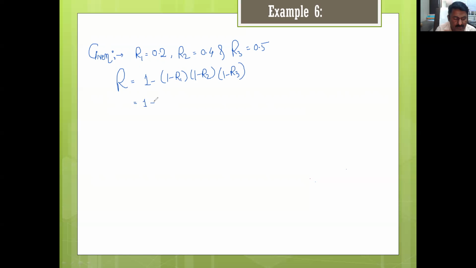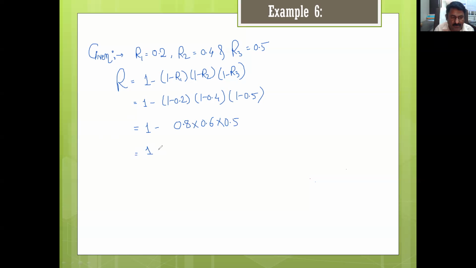If you substitute the values, it becomes 1 minus (1 minus 0.2), (1 minus 0.4), (1 minus 0.5). So again I will write 1 minus, here 0.8 into 0.6 into 0.5.